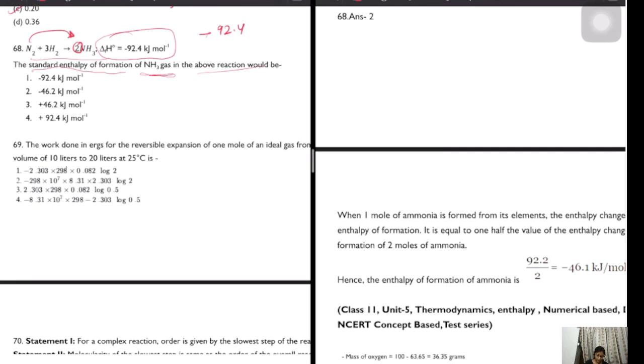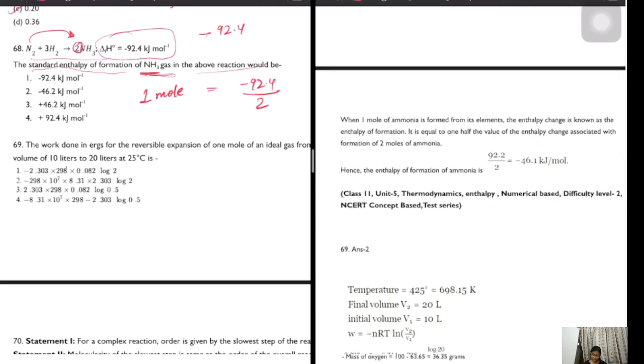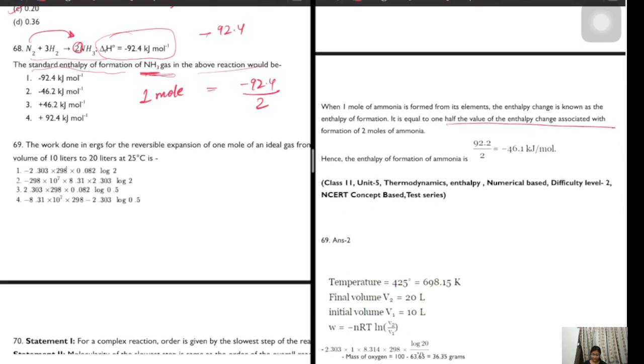So we need it for NH3, that is 1 mole. What we will do? Simply we will divide it by 2. So it is equal to 1/2 of the value of enthalpy change. What will be the answer? Minus 46.2.